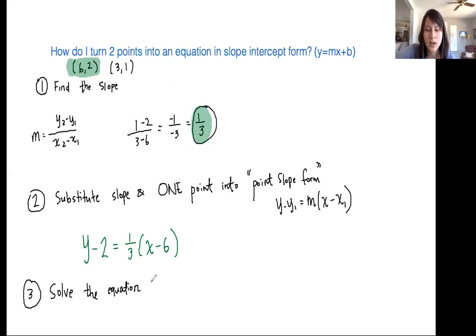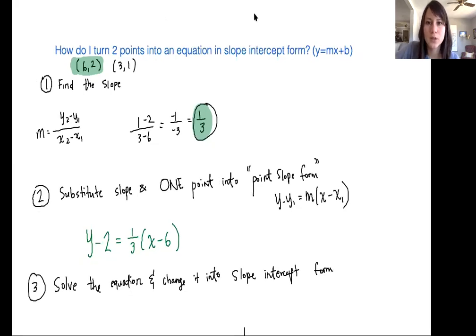Solve the equation and change it into slope intercept form. Which means here's what I'm going to do. I'm going to do it in red. The equation is y minus 2 equals 1/3 times x minus 6.